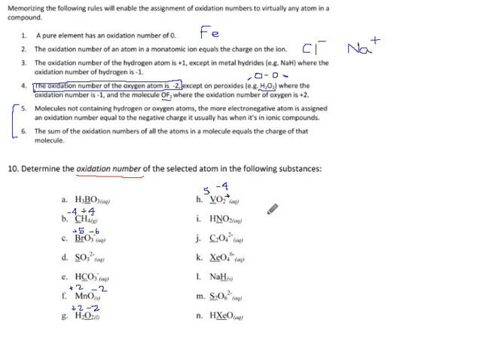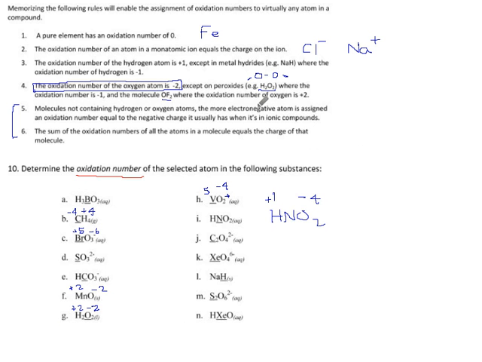Nitrous acid, HNO2. The first rule is that hydrogen is plus 1. Then the oxygens are minus 2 each. It isn't really important that you do them in order, but I'm trying to do them in order because in some cases one rule will override another.